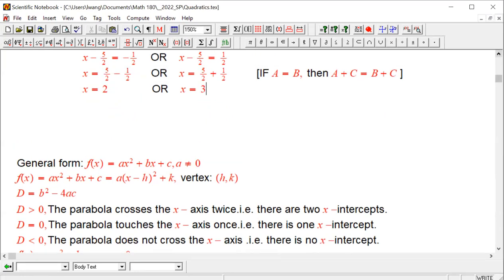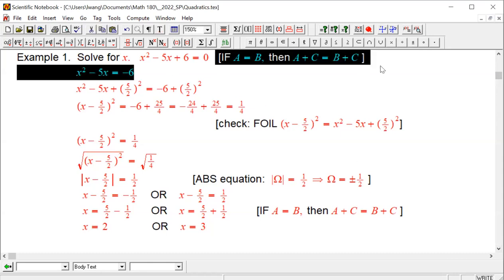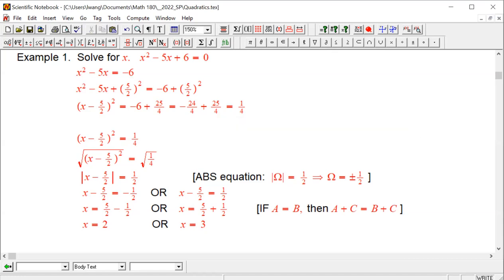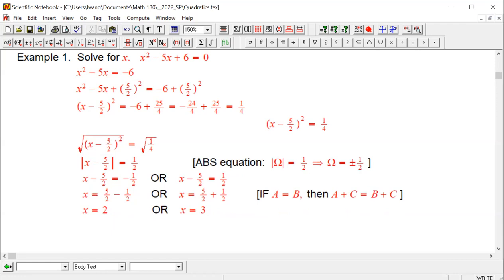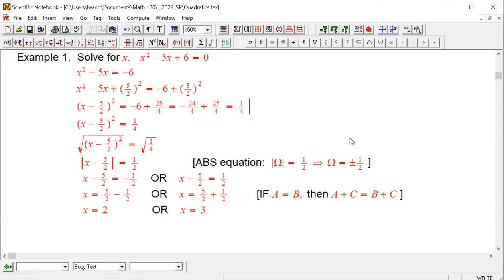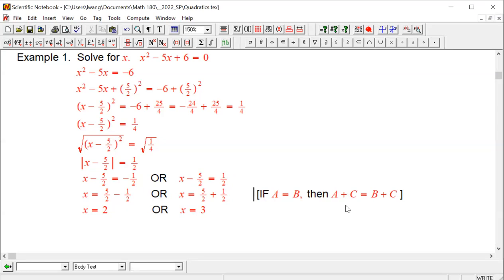I will show the work. When you show the work, you don't need to show these. You don't need to show these either. You should check it by all means on your scratch paper. So like these pieces of work, you don't need to show these either.